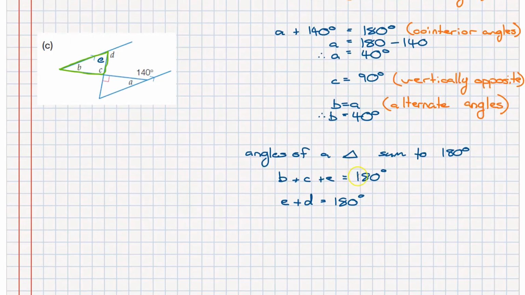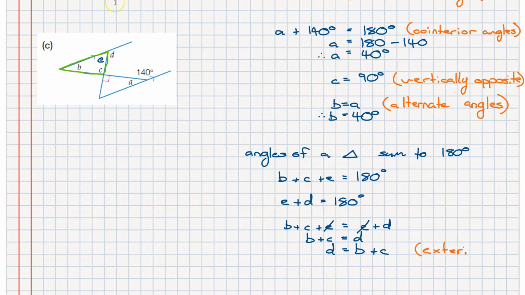So because of this reasoning here, what we can say is that B plus C plus E is equal to E plus D. And notice we've got E on both sides of the equation, so those two can go, and therefore we have D is equal to B plus C. Now, what we've got here is something called the exterior angles of a triangle proof. So, exterior angles of a triangle.